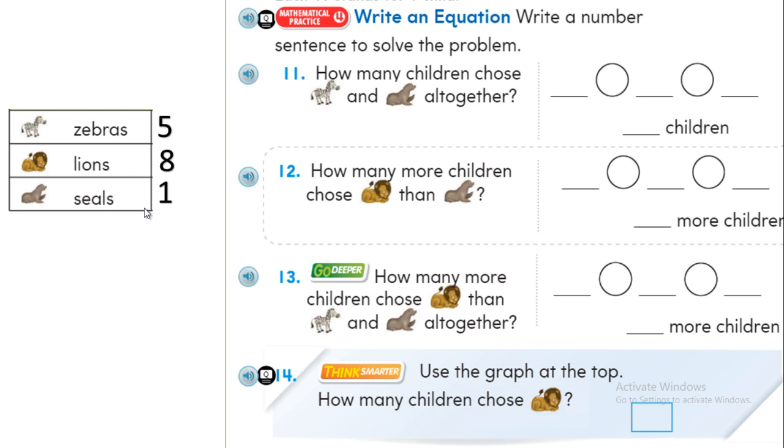The zebras, only 5 children chose. The lions, they got the most number. 8 children chose lions. And how many chose seals? 1 only. If we wanted to answer how many children chose zebras and seals, we have to find the keyword.